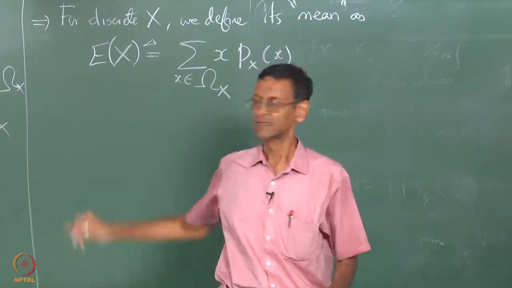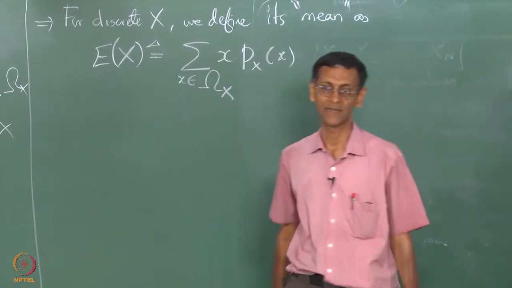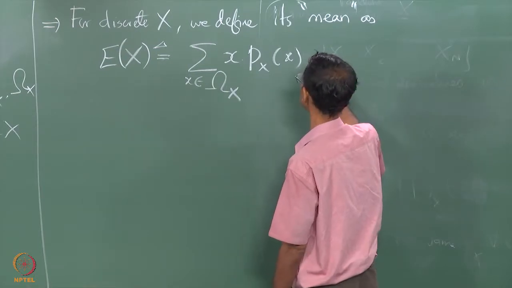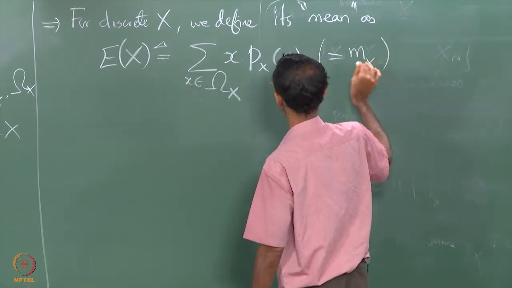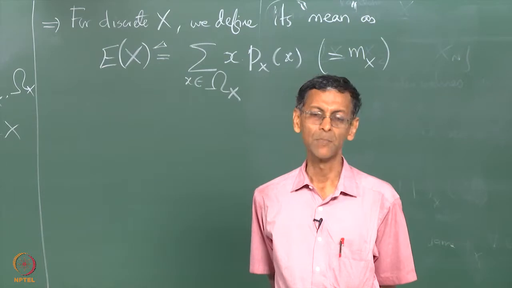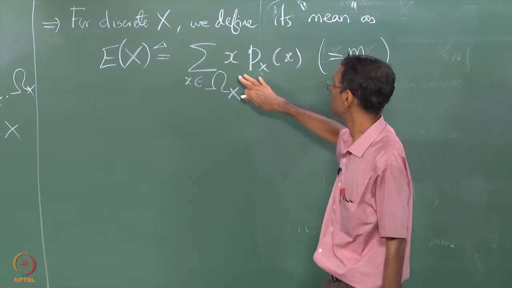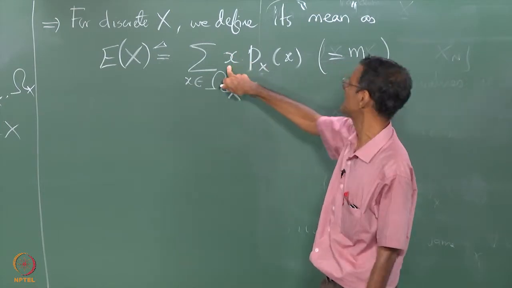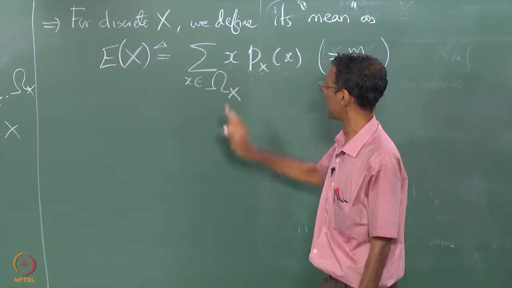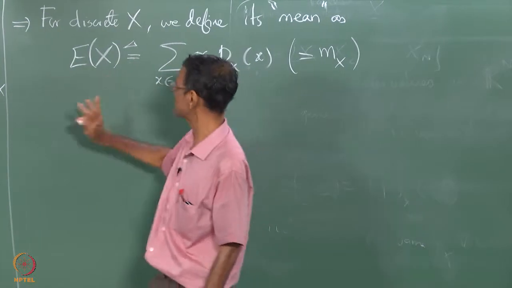We also call this m_X. We just take x, weight the value of x by the probability of x, and add. If we do this, we call it m_X, and we also write it as E of X.